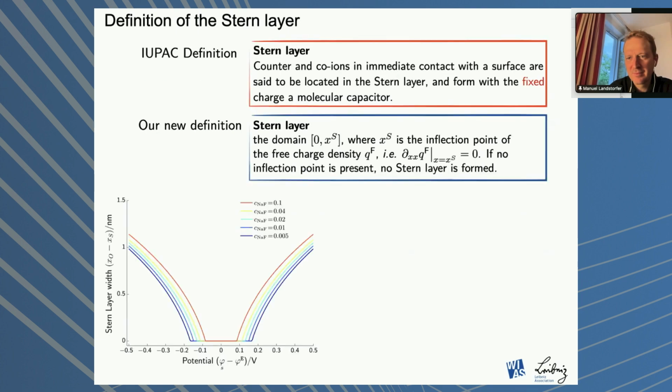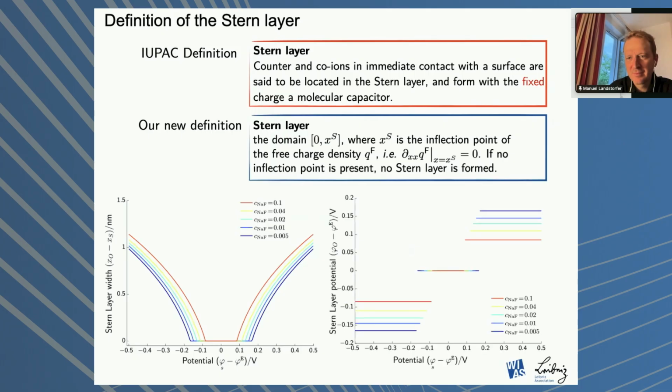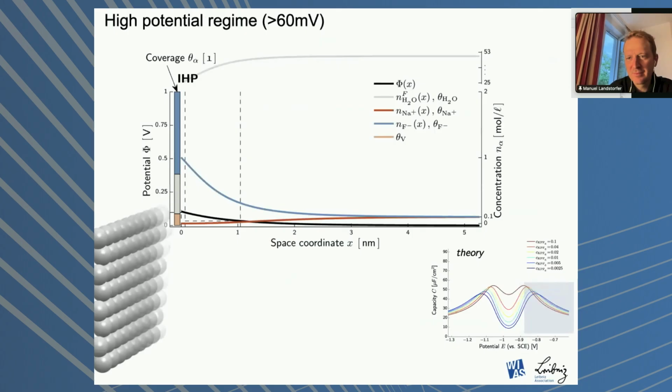You can now really compute, for instance, the Stern layer width, the thickness of the Stern layer, as a function of the applied voltage. You can also compute the potential drop across the Stern layer with respect to applied voltage.